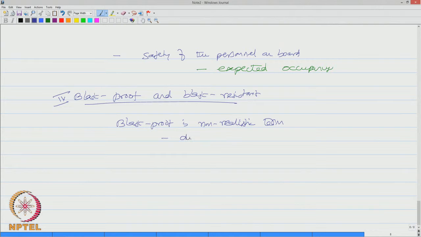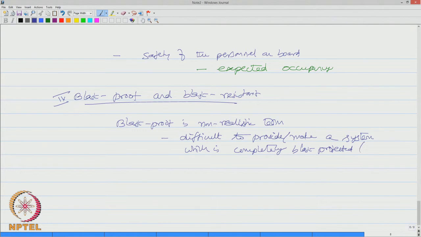It is very difficult to make a system which is completely blast protected. That is, let us say, blast proof.